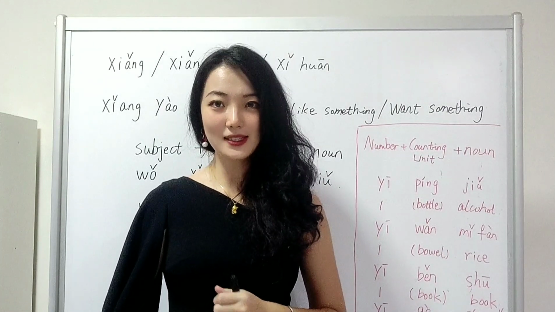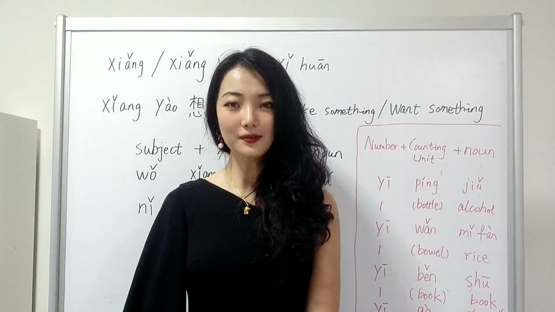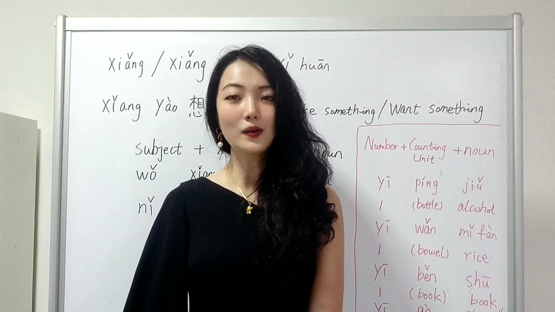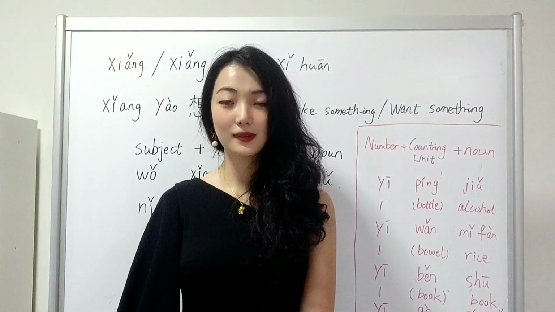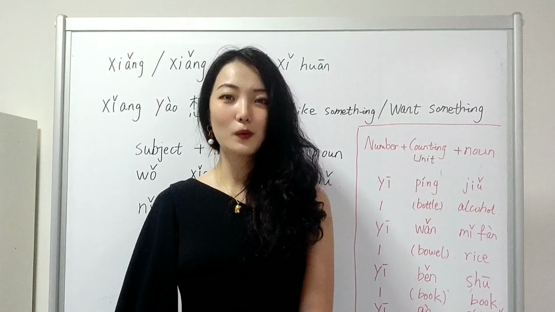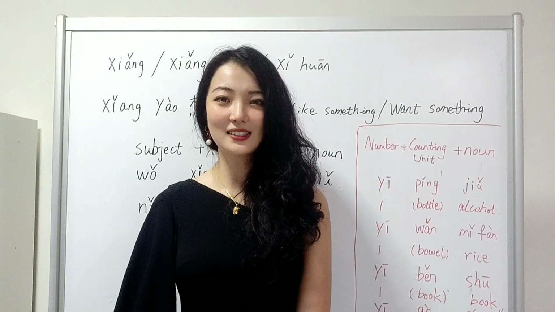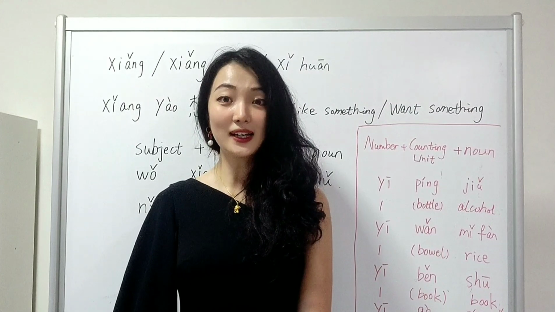So let's do a quick listening practice. 你想要什么？我想要一个苹果。One more time. 你想要什么？我想要一个苹果。Did you understand it? It means, what would you like?